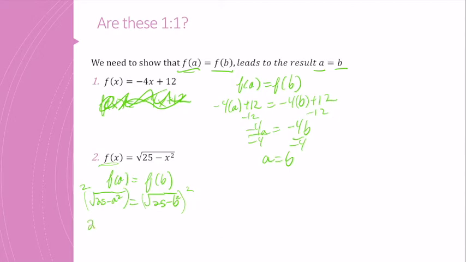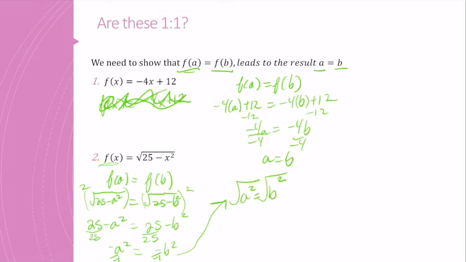So I get 25 minus a squared equals 25 minus b squared. I subtract 25 from both sides. I get negative a squared equals negative b squared. We divide both sides by negative 1. I get a squared equals b squared. If I take the square root of both sides, I get a equals plus or minus b. Is this one-to-one?